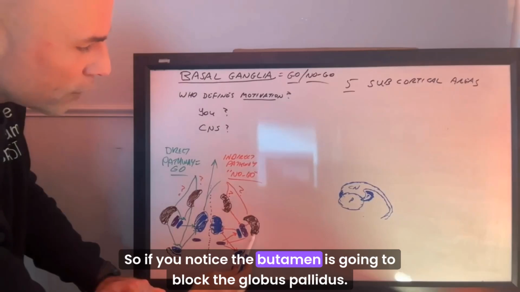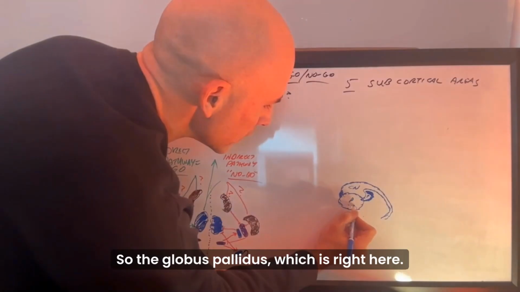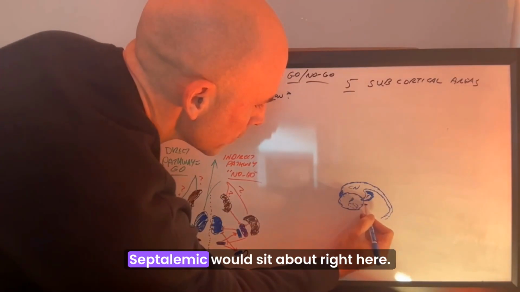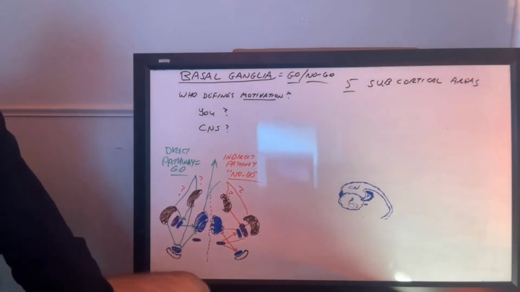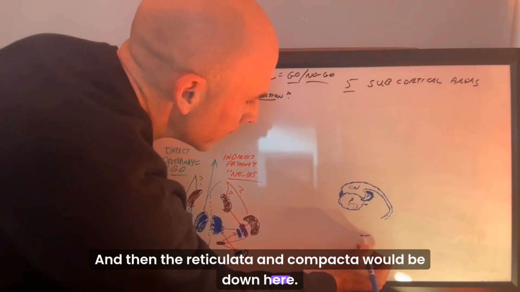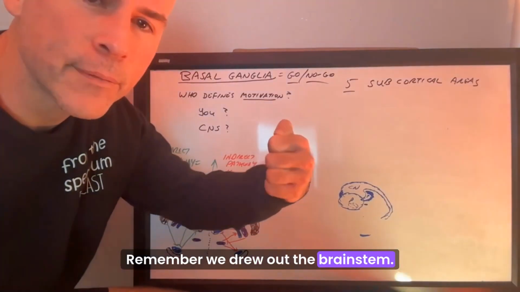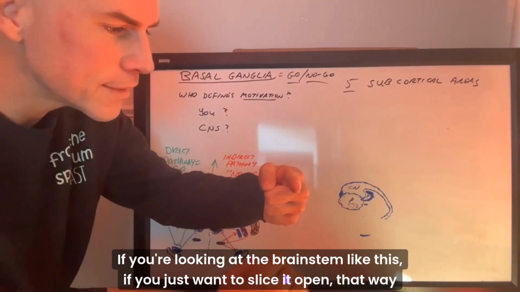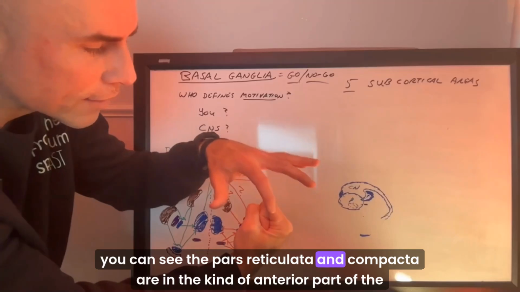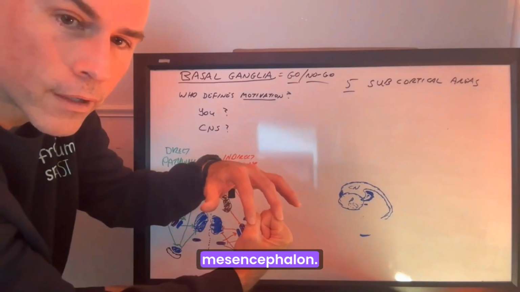If you notice, the putamen is going to block the globus pallidus. So the globus pallidus would sit just right here. Okay, this isn't as important. So this is the thalamus. Subthalamic would sit about right here. And then the reticulata and compacta would be down here. Remember, we drew out the brainstem. If you just want to slice it open, the pars reticulata and compacta are in the anterior part of the mesencephalon.